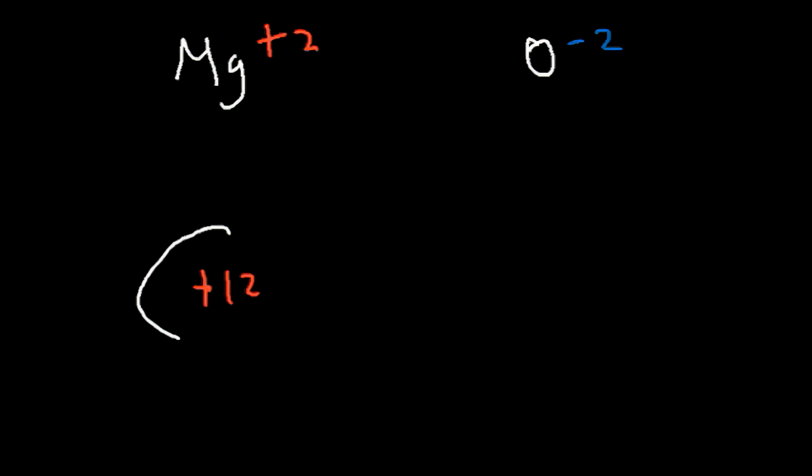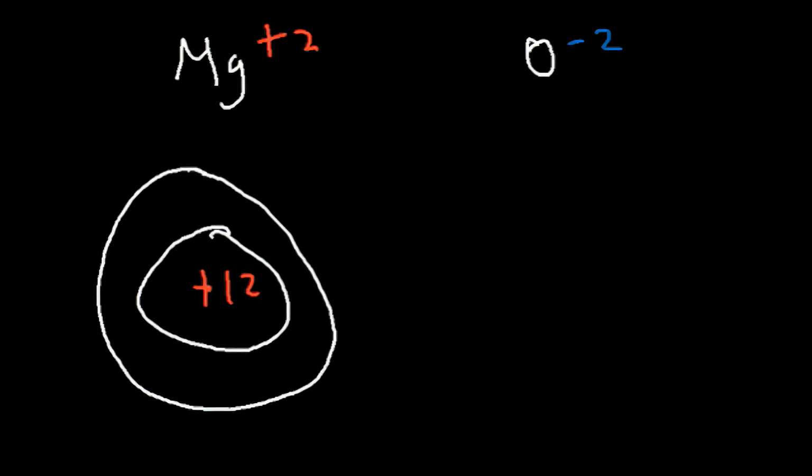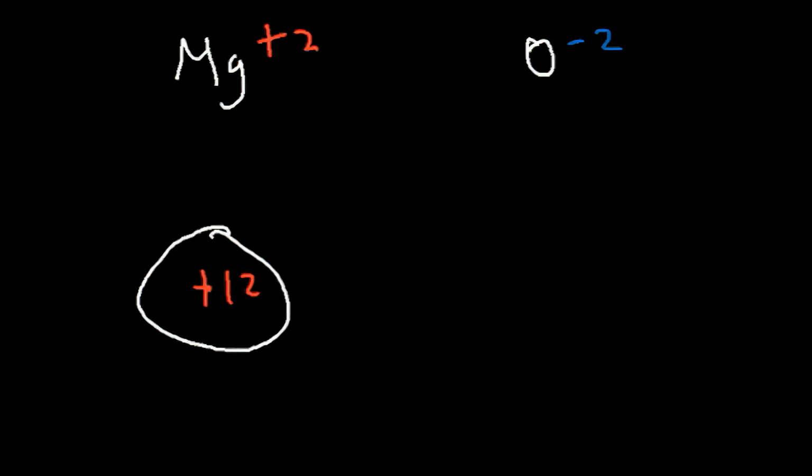So let's compare the magnesium ion and the oxide ion, just to get a better understanding of this concept. We said that magnesium has an atomic number of 12, which means that the charge of the nucleus is 12, since it has 12 protons, and it has a total of 10 electrons. So here's the first shell, and here is the second shell.